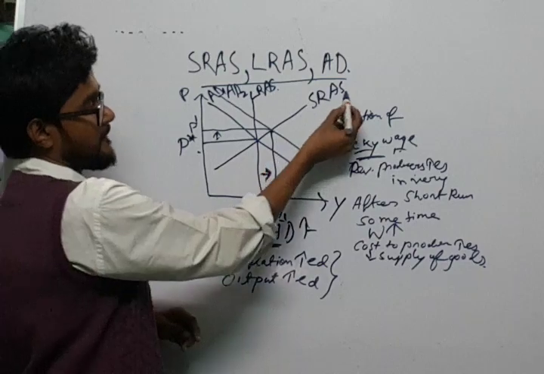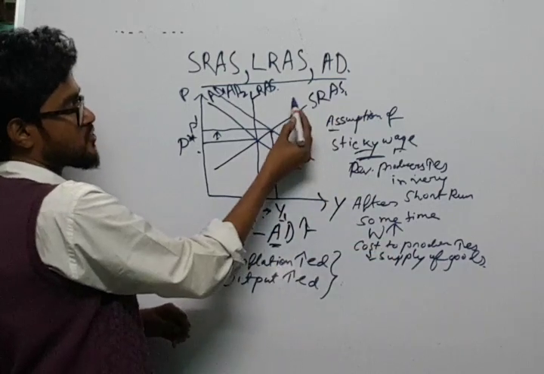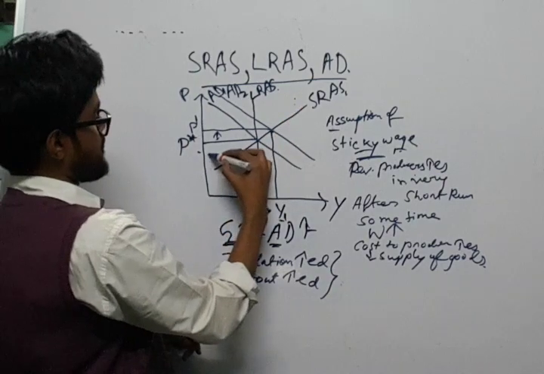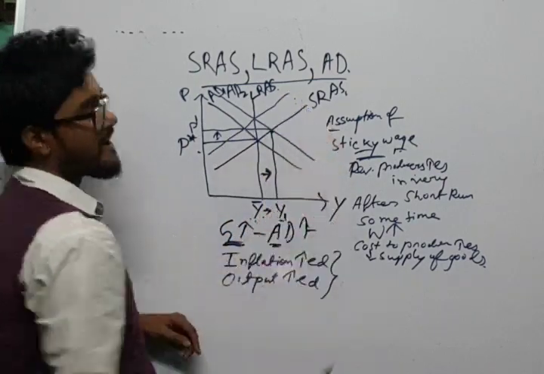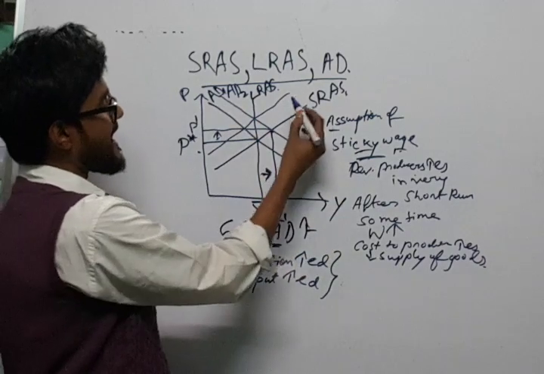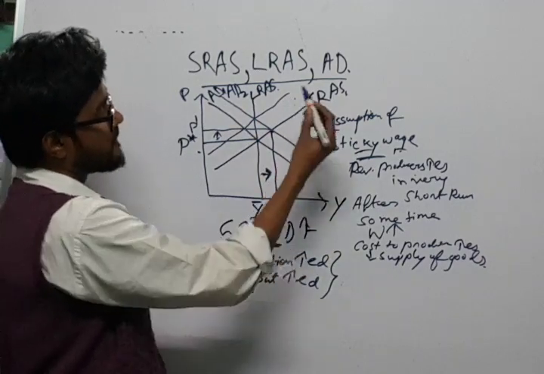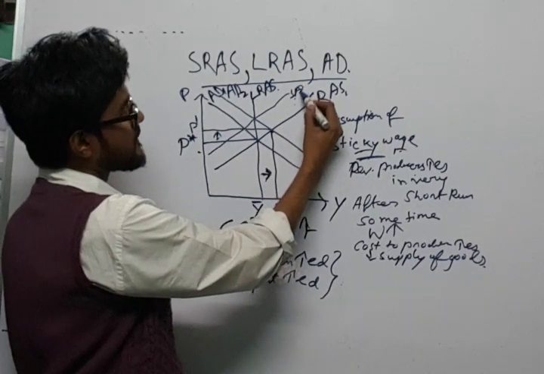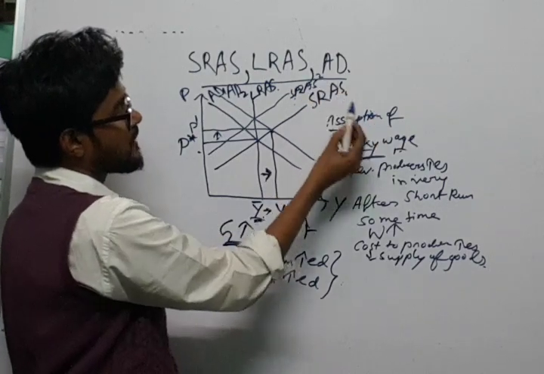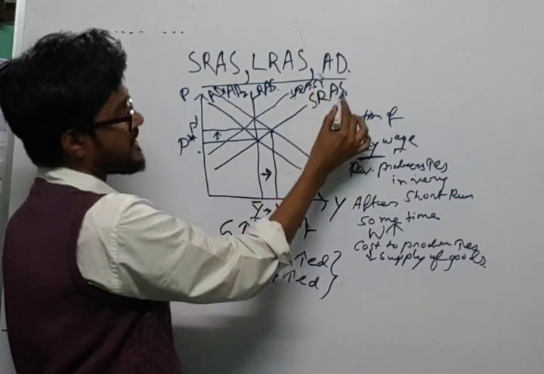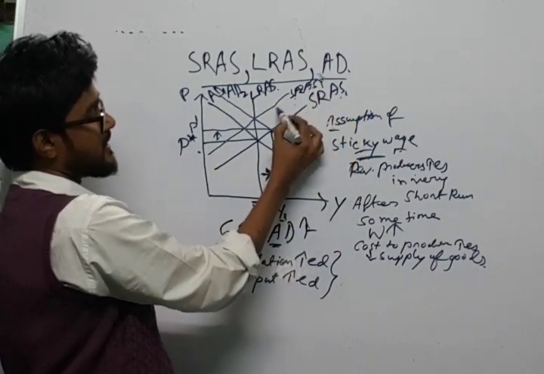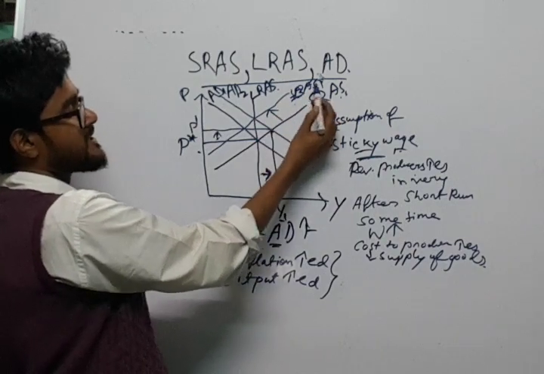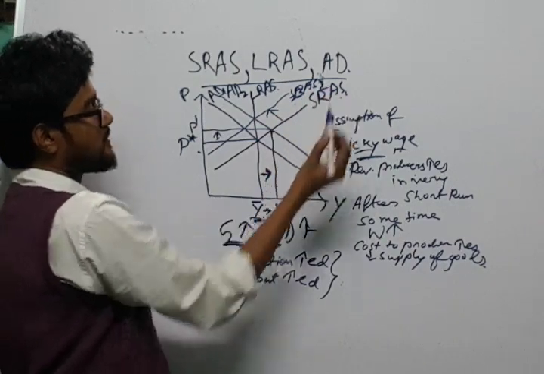That is, due to this reason, the short-run aggregate supply curve moves back toward the natural rate of output. From SRAS1, it shifts leftward to SRAS2.